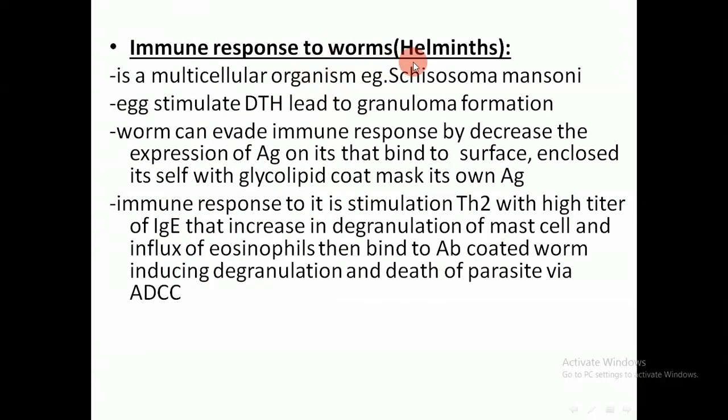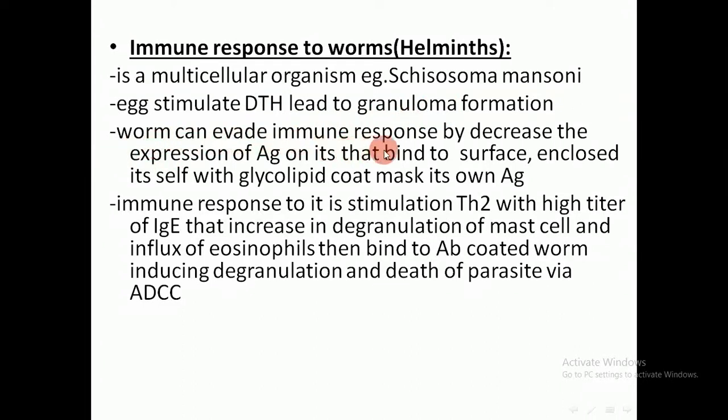While immune response to the worm elements, and the best example, Schistosoma mansoni that causes bilharzia, and the egg stimulates the delayed type hypersensitivity, leading to granuloma formation when the female of schistosoma lays its egg in the wall of the bladder, leading to formation of egg granuloma.